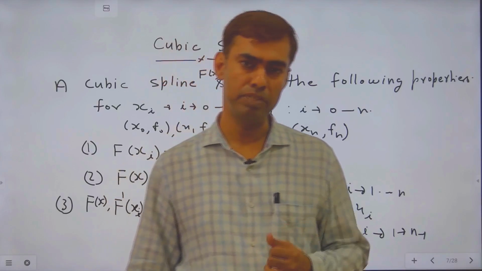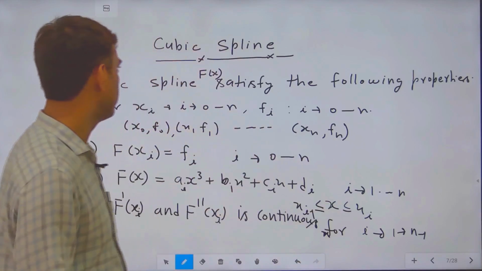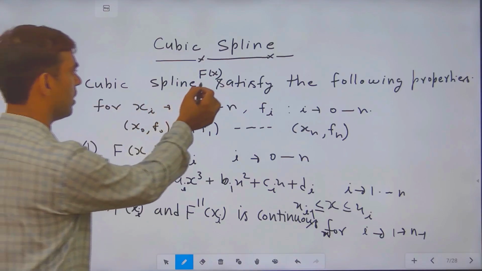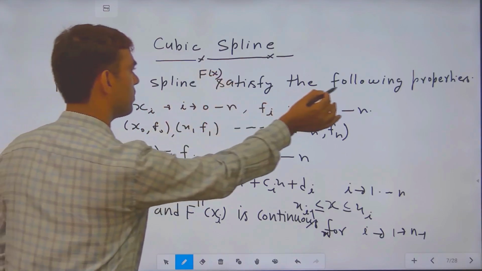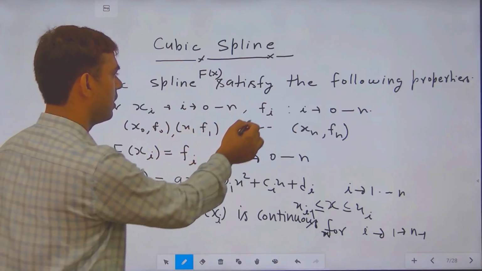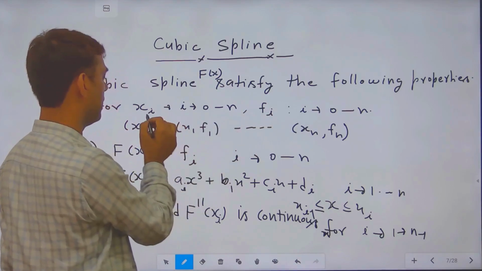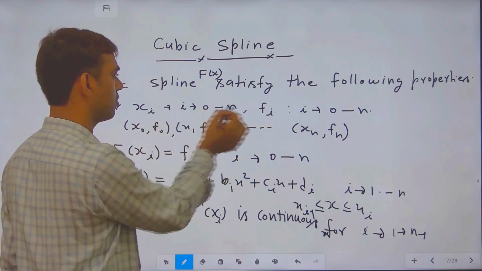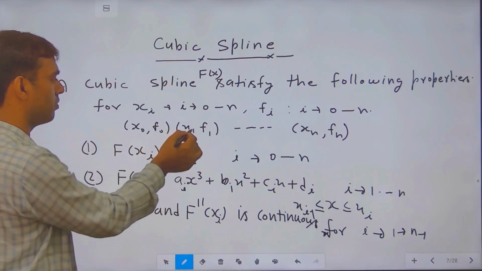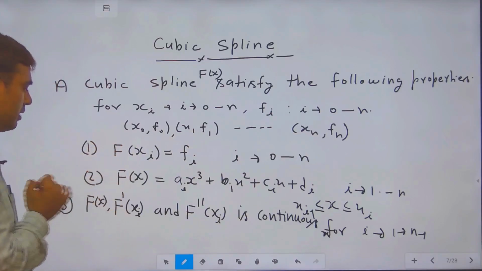As in the previous lecture we discussed what a cubic spline function is. So here we have already written this. What is a cubic spline? A cubic spline is a function f(x) that satisfies the following properties for x_i, i equals 0 to n, and the corresponding values of the function are f_i, meaning at x_i the value is f_i. The pairs (x0, f0), (x1, f1), ..., (xn, fn) are given, and it satisfies three properties.